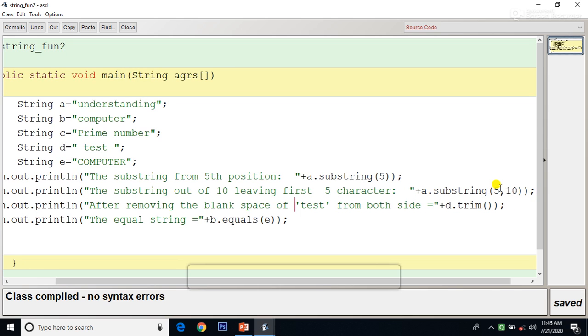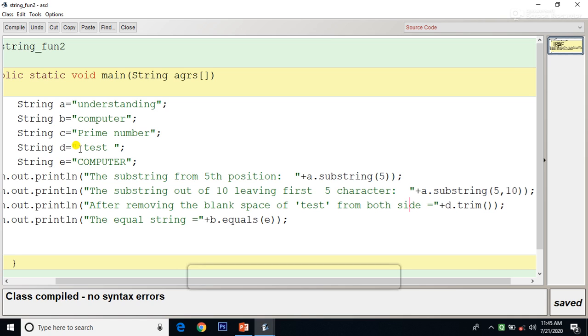After that System.out.println after removing both the spaces from, that means test. So d.trim. The trim function is used to remove the space from both sides. If there is any space on either the left side or the right side, it will remove the space, since otherwise it will count the number of characters including space.